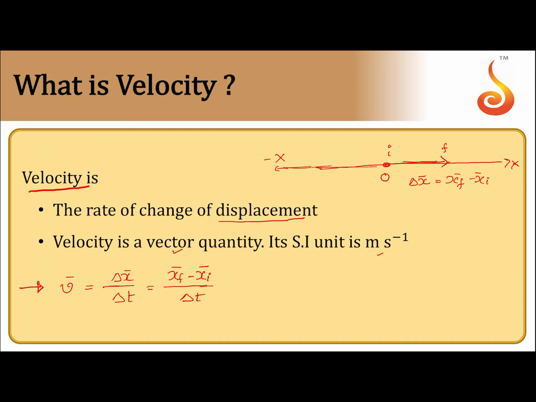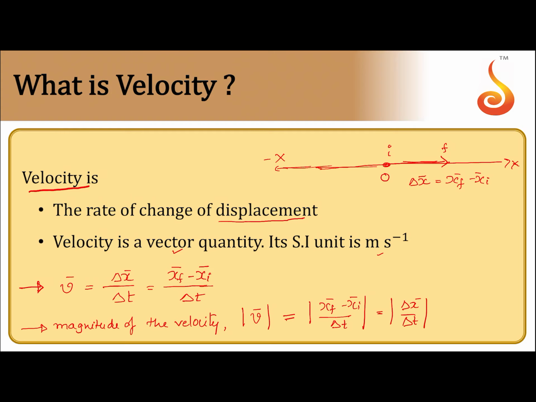Now, many a times we need to deal with the magnitude of the velocity. When we say magnitude of the velocity, it is represented in this form, mod v, which is equal to mod of xf minus xi divided by delta t, which is also represented as mod of delta x divided by delta t.